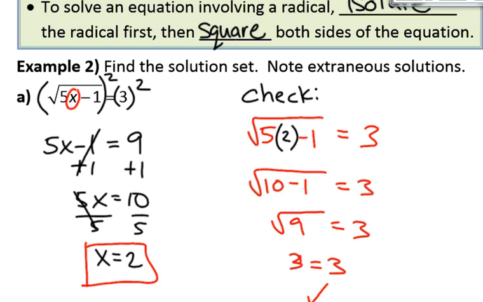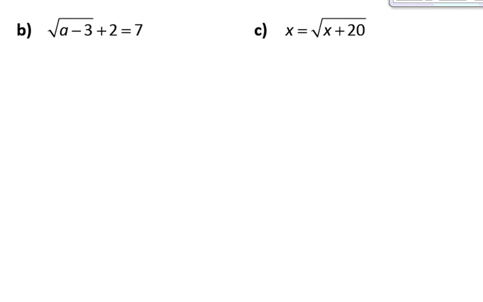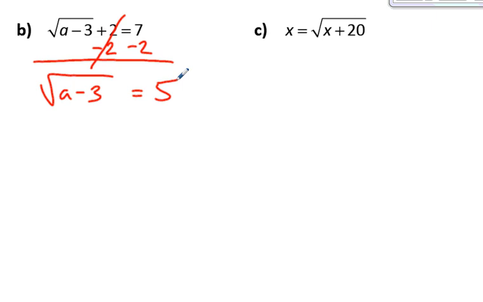All right, so let's try part B. Now, part B, notice that my radical is not isolated. I have this a minus 3, that's my radicand, but this plus 2, I need to get rid of that before I can square both sides. So that's what I'm going to do first. I'm going to subtract 2 from both sides, and that leaves me with the square root of a minus 3 equals 5.